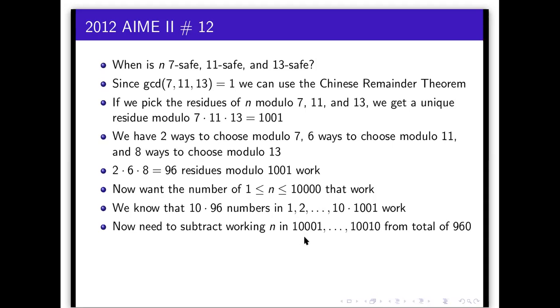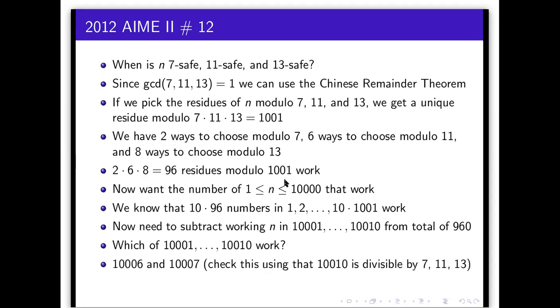So what are they? I'll just say right now, they're 10,006 and 10,007.